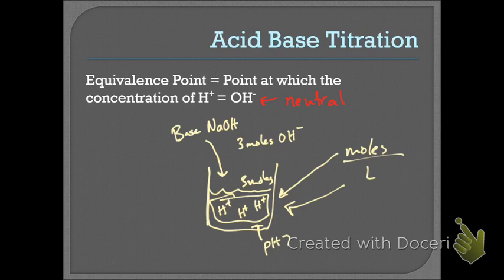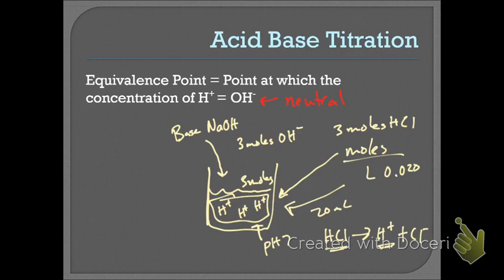And then if I know there's 3 moles of H plus, and I know that for every 1 mole of HCl, it breaks down to 1 mole of H plus and Cl minus, right? So for every 1 mole of this, I have 1 mole of this. So now I figured out, oh, there's 3 moles of HCl in, let's just say this was 20 milliliters. So now, converting to liters, it would be 0.020 liters.